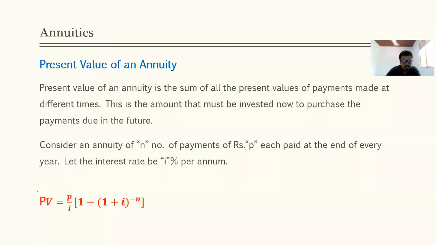So this is the present value formula of an annuity: present value equals P over I into 1 minus 1 plus I, the whole to the power minus n. It is a small difference compared to the future value formula, but we need to apply it correctly.